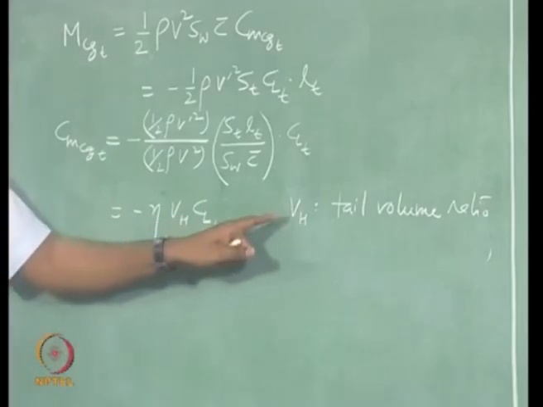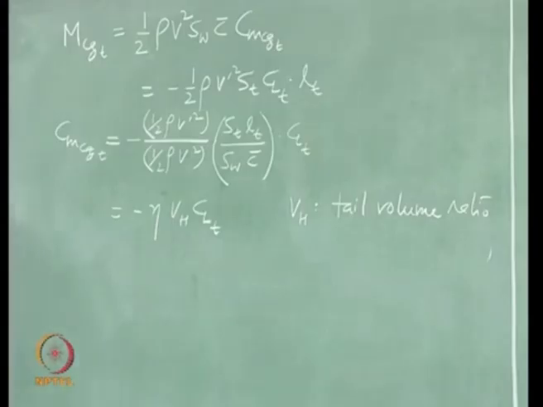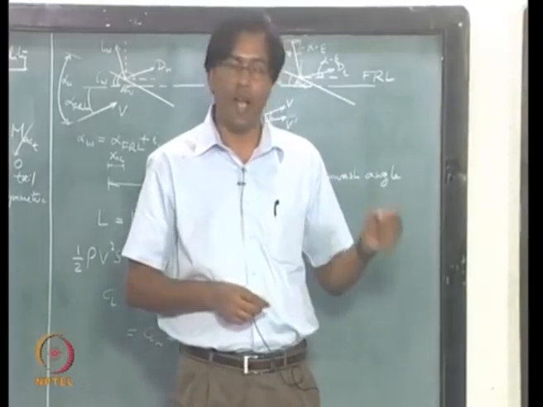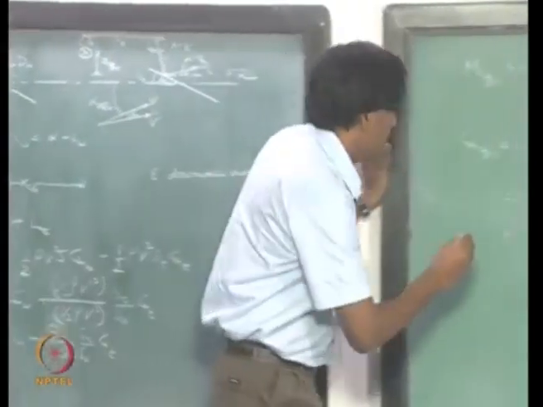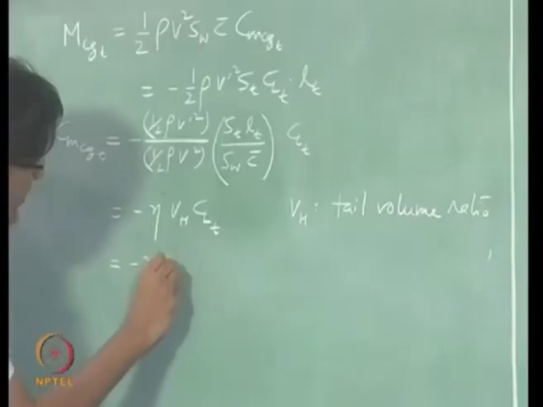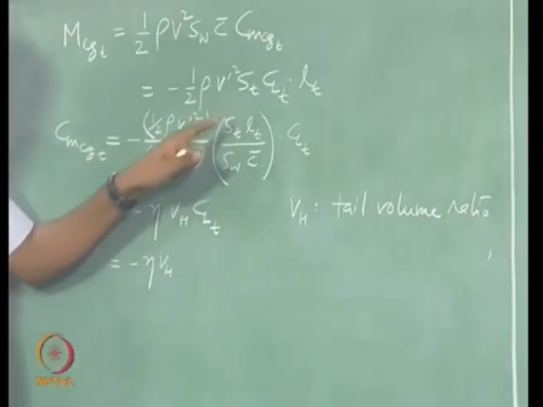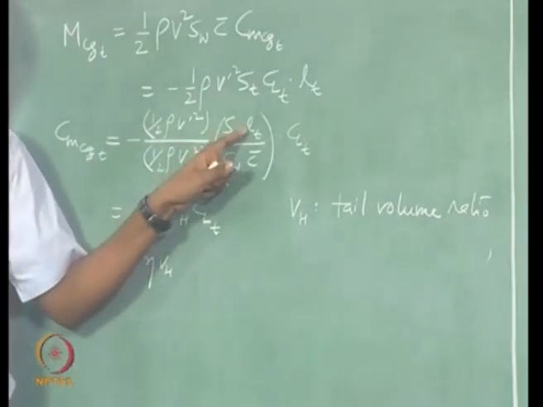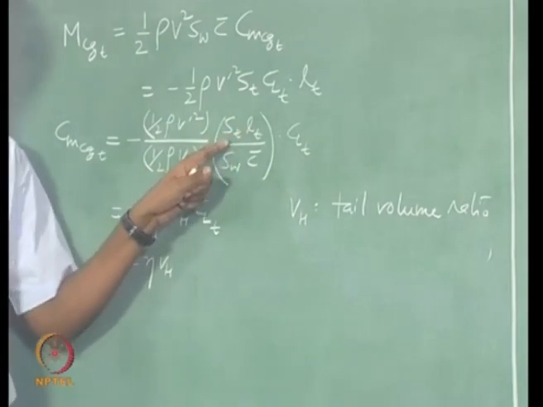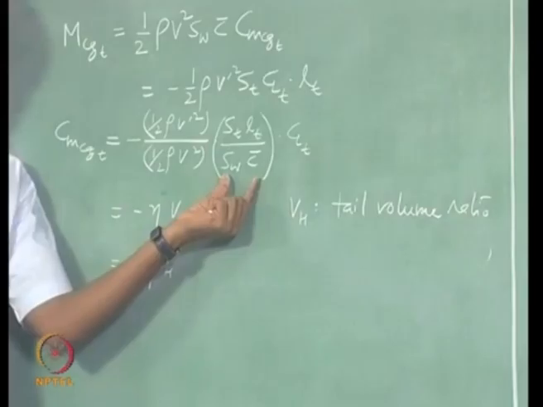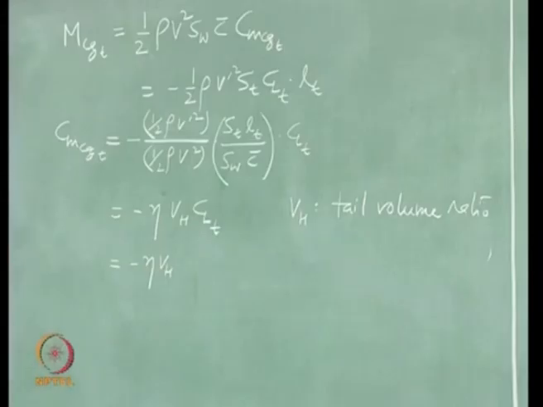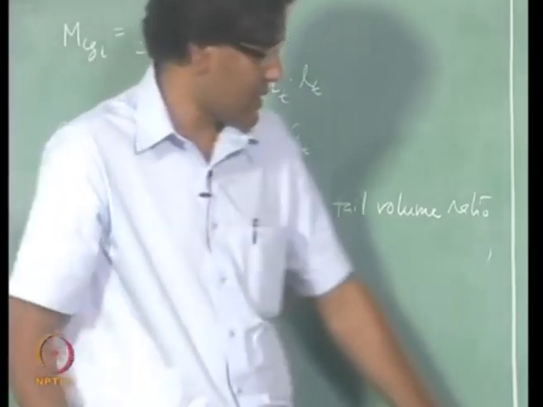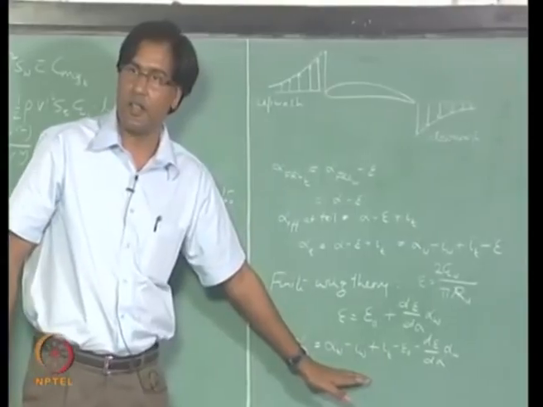Now, this VH is something you can play with when you are designing your aircraft, so that you can have more stability, more Cm naught, and that you can find out by expanding this, right. So, this VH is the ratio of St into Lt. This Lt I can play with, right, St I can play with after you have fixed your wing, isn't it? And you can also play with some more parameters which are coming from here, okay.